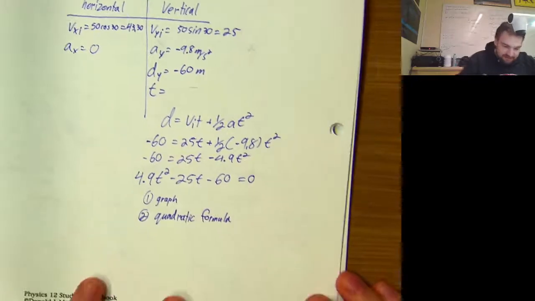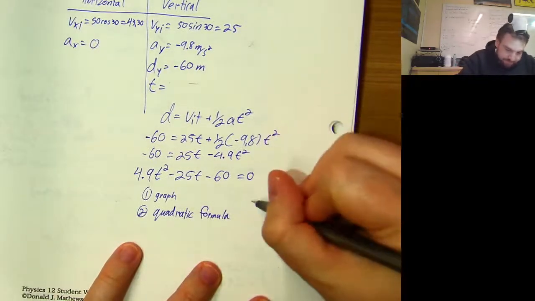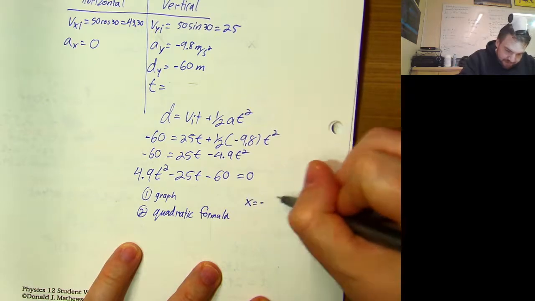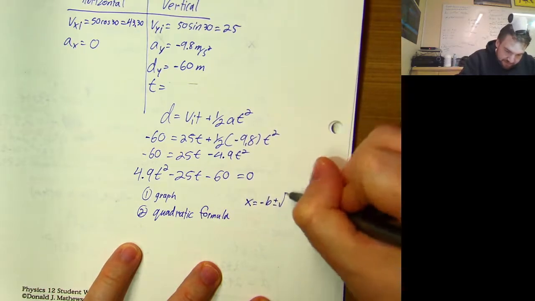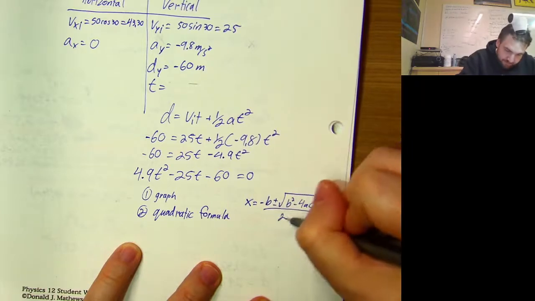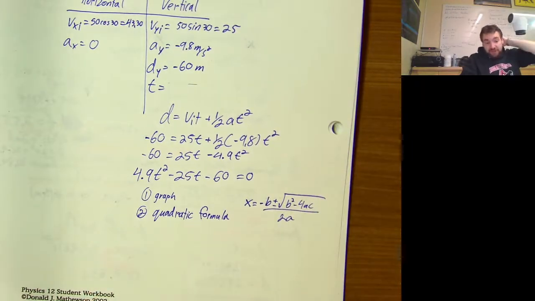The quadratic formula looks like this: x equals negative b plus or minus the square root of b squared minus 4ac all over 2a. We've got it on our formula sheet now, so let's just use it.